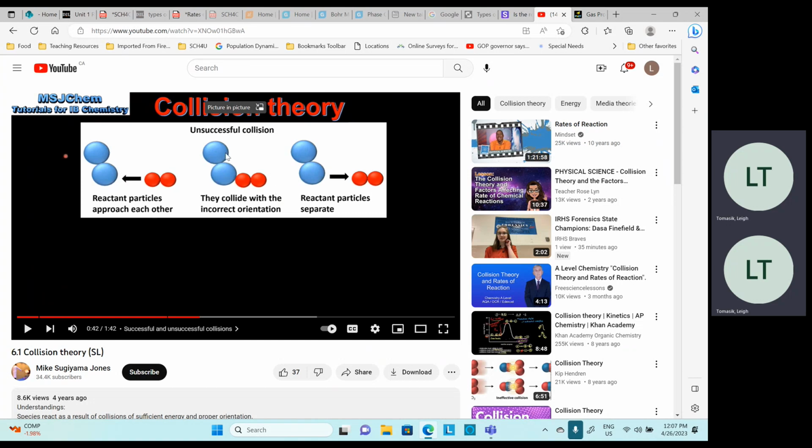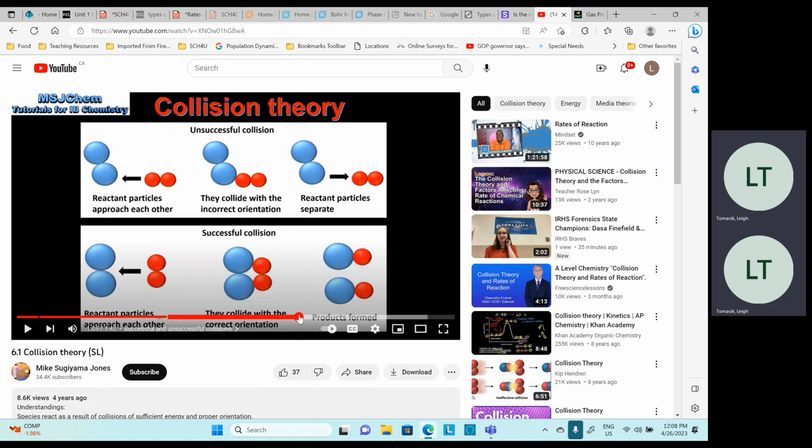But in this case, they did not react because although they collided, they didn't collide in the correct orientation, meaning not the right parts of the atoms collided, right? And so it can happen that two molecules can collide, and they'll bounce off of each other because they're not in the right orientation to react.